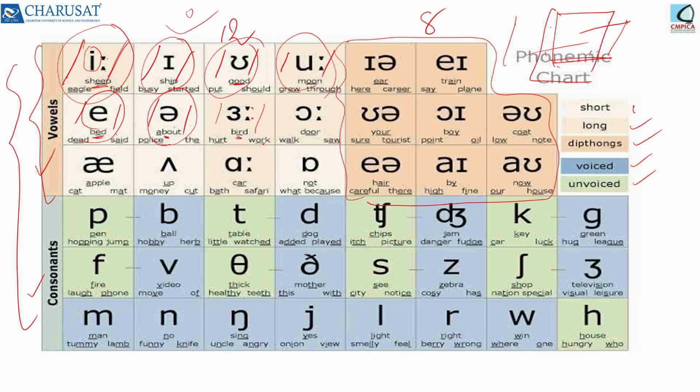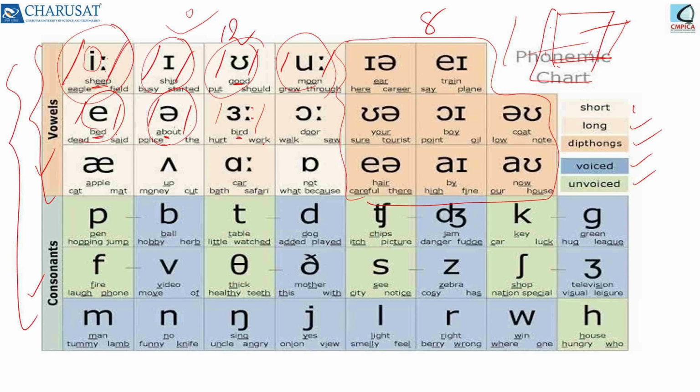The body organs are responsible for producing sound. You will never be able to produce the sound p without opening your lips; it's just a puff of air coming out, a plosive: p, b. Whenever it is a nasal sound, you will not be able to produce it by blocking the nostrils.